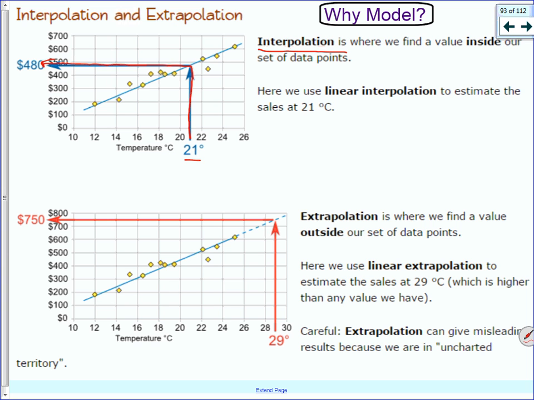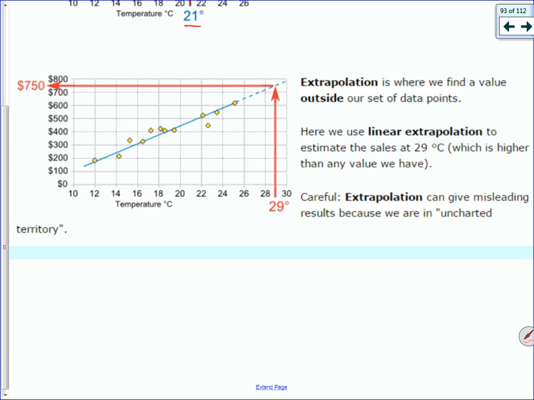Inter. You can also do what's called extrapolation. Extrapolation has the word extra in it because you're going beyond the data points. You're going extra. So whenever they make projections, like the United States population is projected to be so many billion in the year 2020, they're doing an extrapolation.